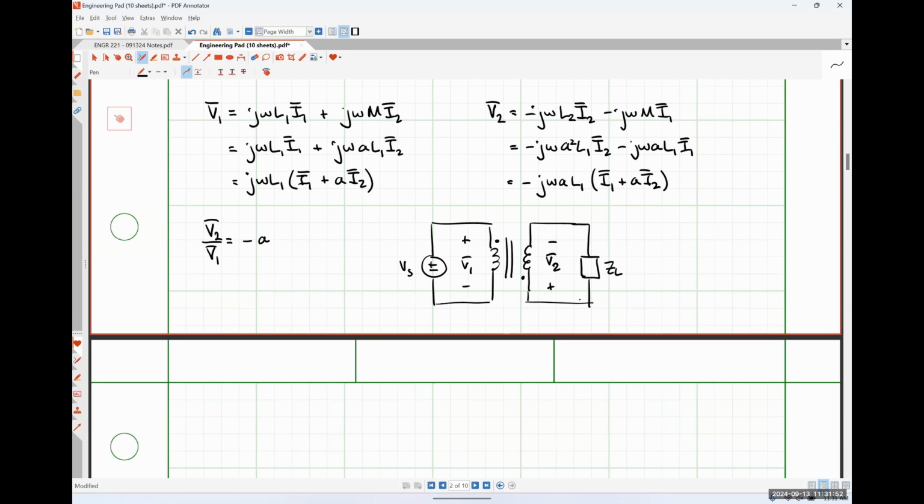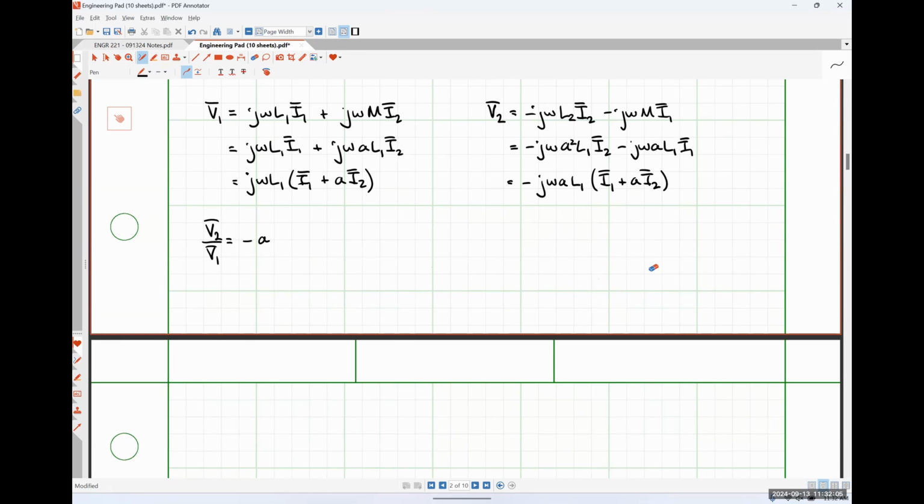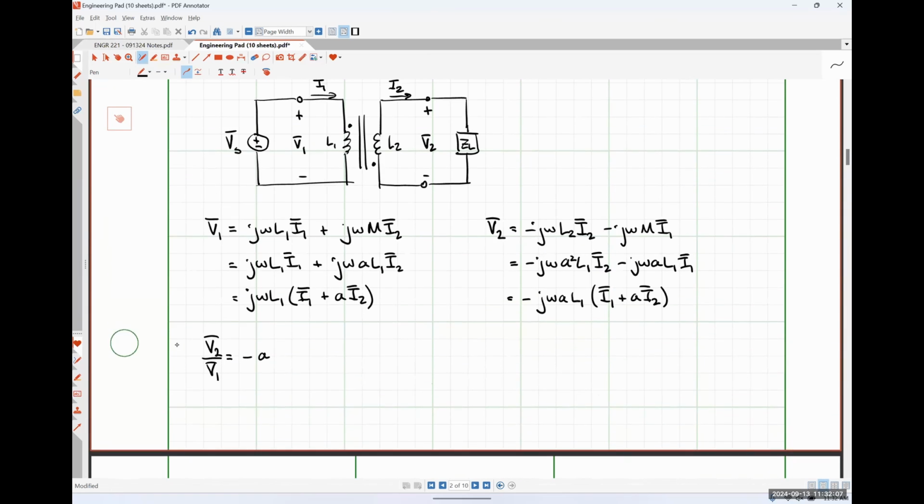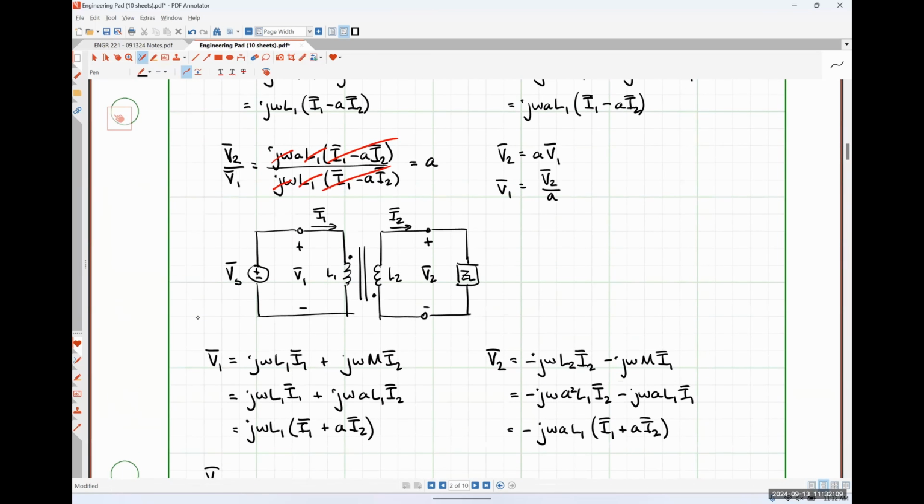Okay, so I've answered a couple of questions here. So where things get kind of, sort of ish difficult is figuring out what's going on with our currents. Okay. And it's not really difficult at all. We just have to pay attention to what's happening.